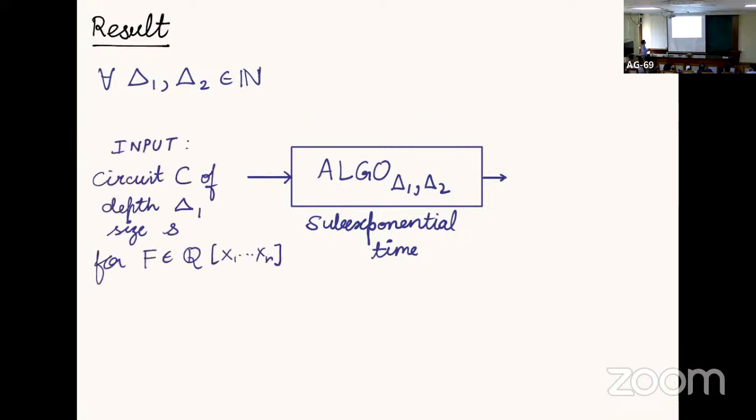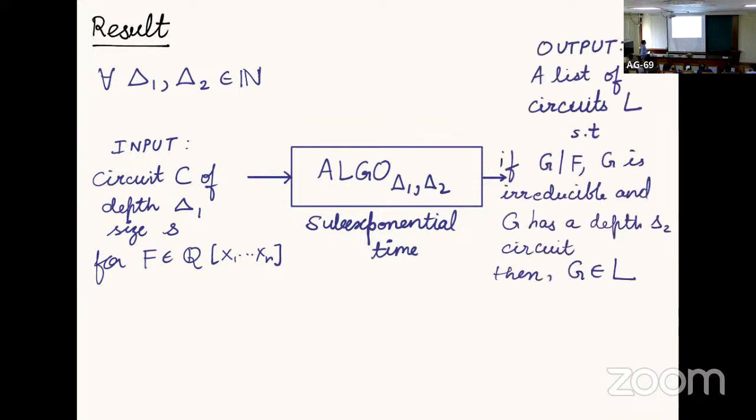Your input for this algorithm is some polynomial which is computed by a depth delta 1 circuit of some low size. So a constant depth circuit, and the output will be a list of circuits such that if some polynomial divides your input polynomial and it has a low depth circuit, then it will feature in this list.